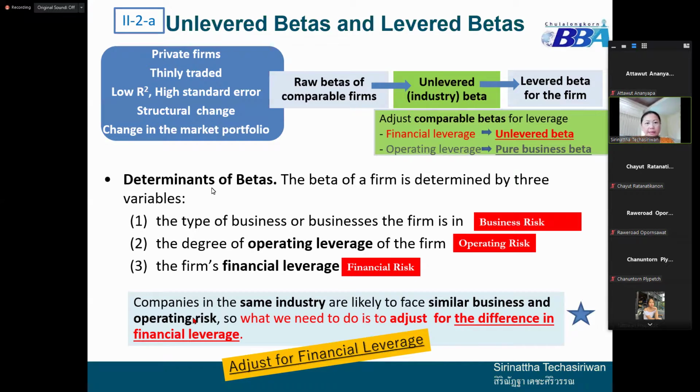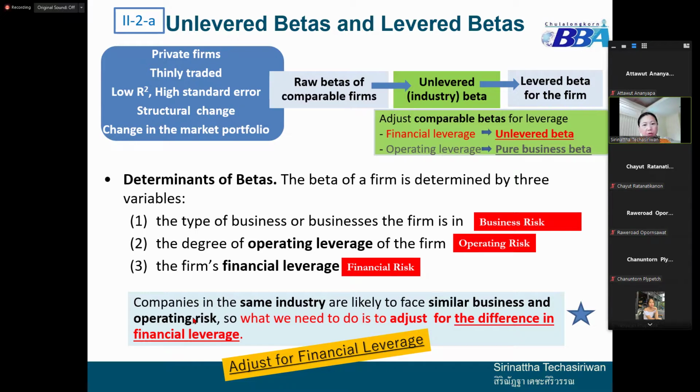Okay, so I list the determinants of beta, or determinants of risk, here. We need to understand that the risk of a company normally depends on three factors. First is the business that the company is in, which is related to business risk. The business risk is determined by the business that the company operates. Companies operating in similar businesses are supposed to have similar business risk.